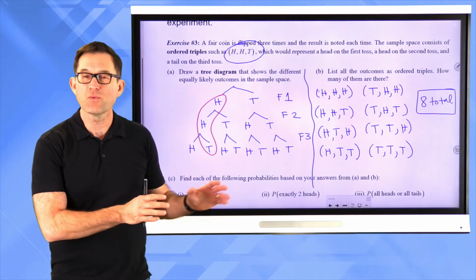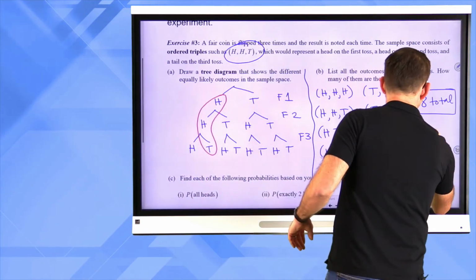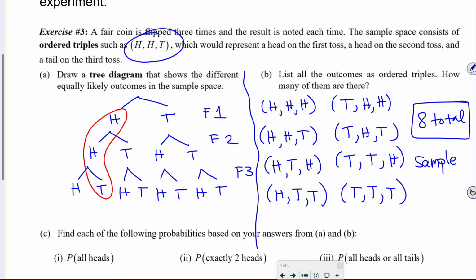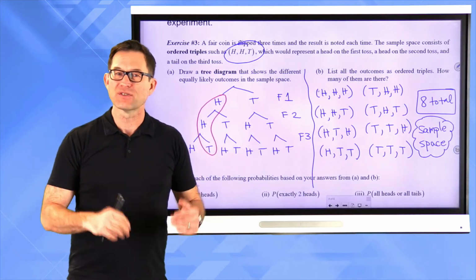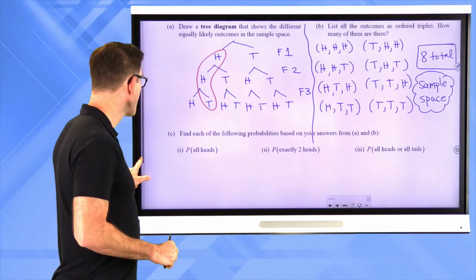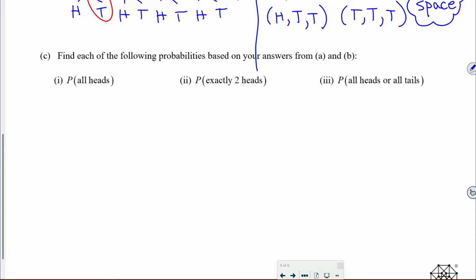Now, because we've got the sample space, this is absolutely everything that can happen in terms of equally likely outcomes. We know n of S is 8. We can now start doing some probabilities. Let's take a look at letter C. Find each of the following probabilities based on your answers from A and B. Number 1, the probability of all heads.